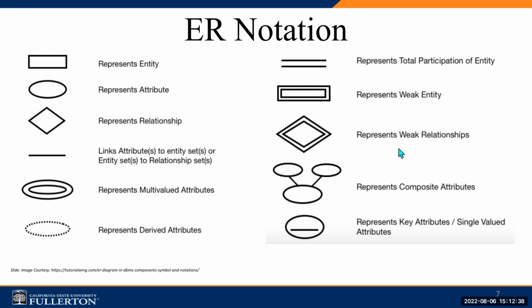And you can look into what kind of relationship it is, and what kind of participation, total or partial. The relationship has a separate notation, of course, which can help you identify what kind of relationship it is.